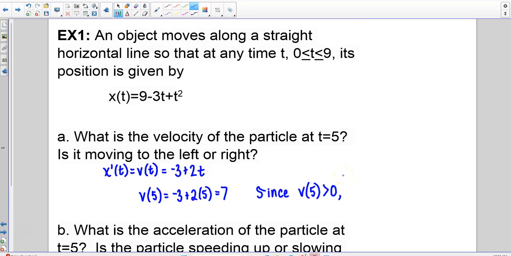We're going further and further to the positive side. So the particle, or the object, is moving to the right.